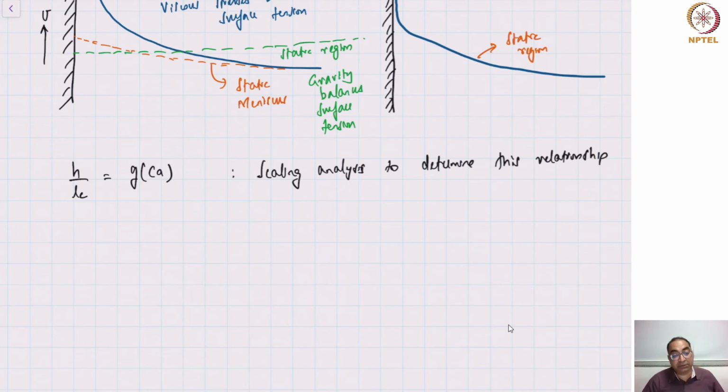Therefore, I will be sacrificing rigor and focus on the key elements of this analysis. And for students who are keen on understanding this Landau-Levich flow systematically, there are several excellent sources, such as Gary Leal's book, which describes this problem. And one can also look at other sources on matched asymptotic expansions where this problem is derived in detail.